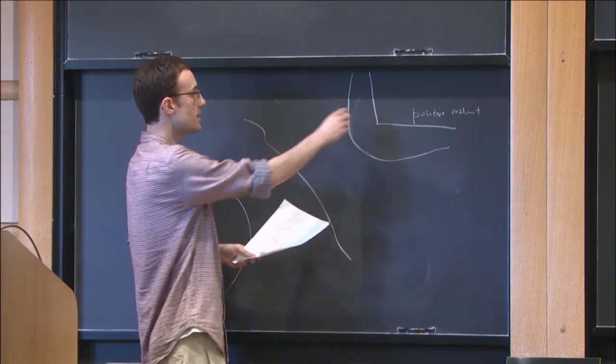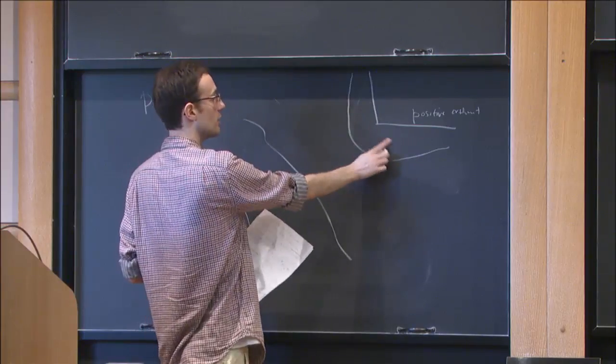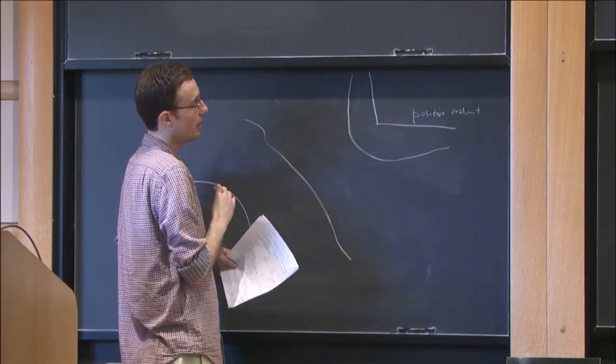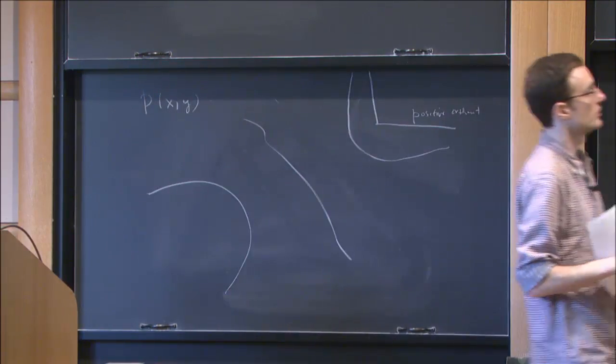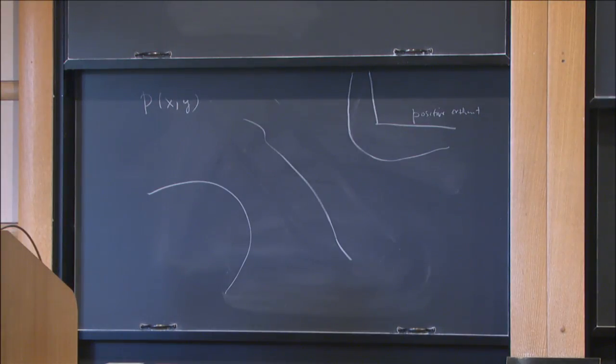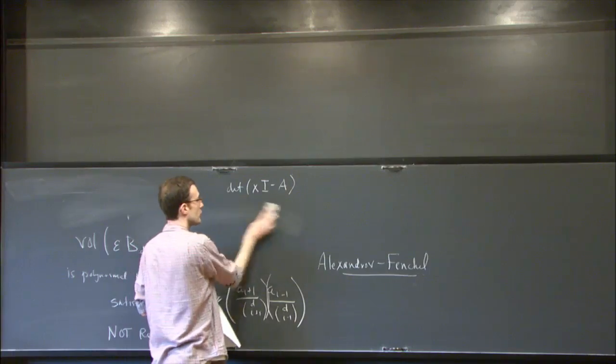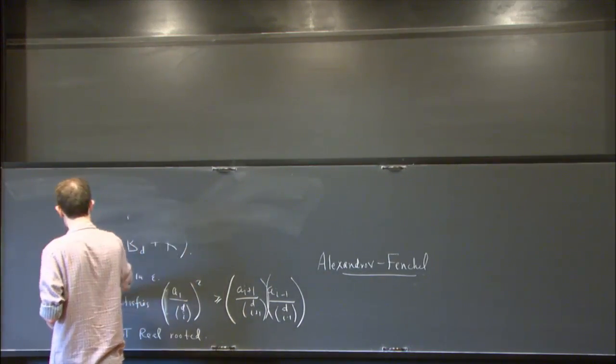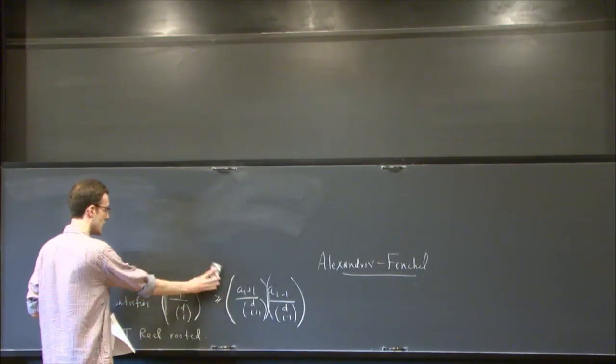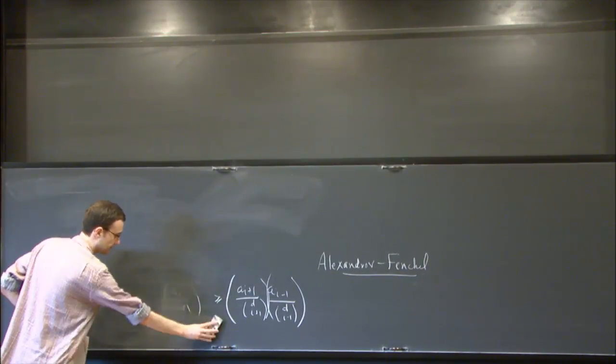So the general idea is that you have this lobe over here, and we'll see this lobe again. But the point of real stable polynomials is that you can use them to generate real rooted polynomials.